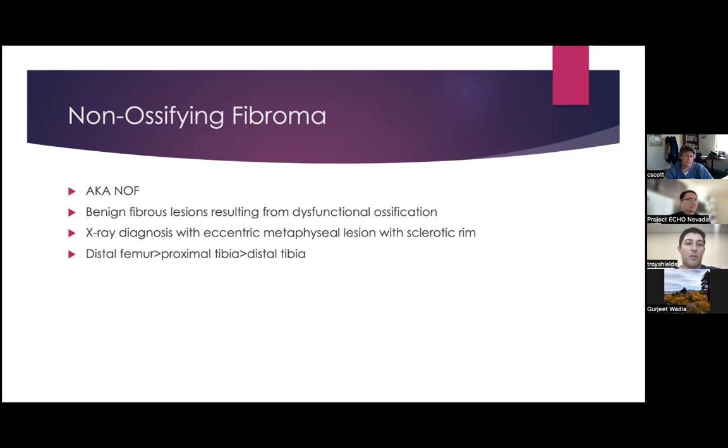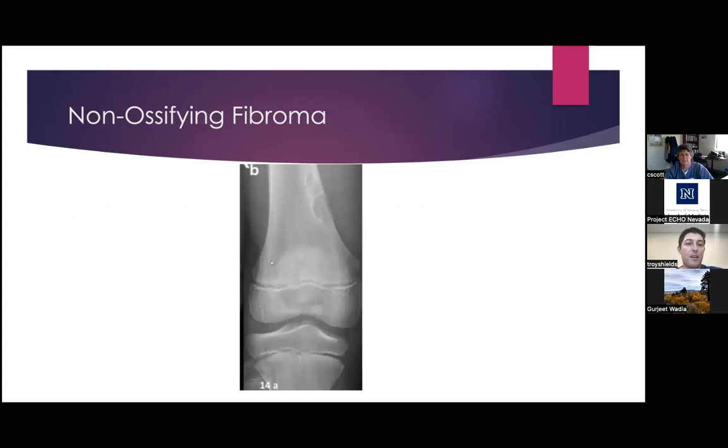And then keeping up with the abbreviations, this one gets one also, the NOF. So this is a good picture of one. This is a nice picture that makes it clear, with this bubble-like appearance along the metaphysis, right along the cortical edge. It's typically near a tendinous insertion, and it's just a fibrous malformation of the bone.